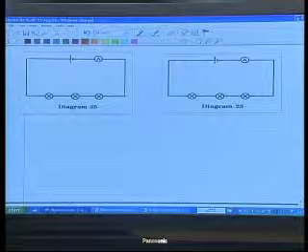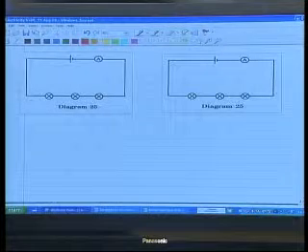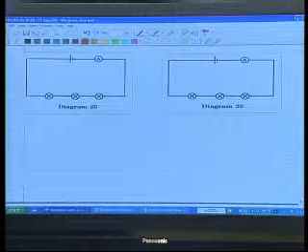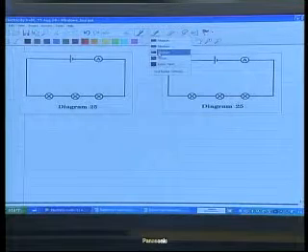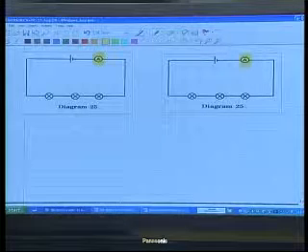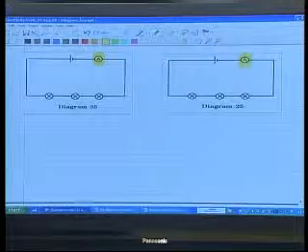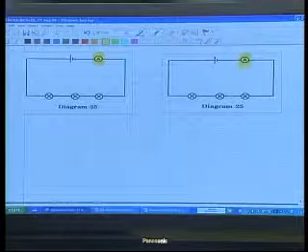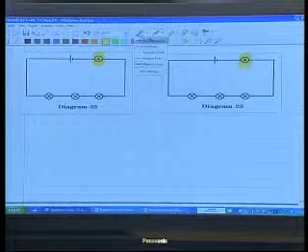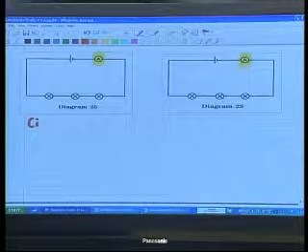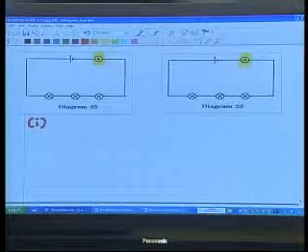The first question says, what happens to the ammeter reading? Alright, let us highlight the ammeter. And it says, what happens when one bulb is added to it? So, let's say that on the left hand side, this is episode 1 before we add the bulb on.